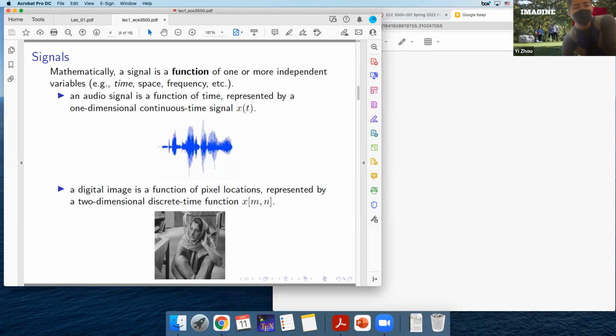For images, it's a rectangle, also very natural. We describe the image pixel by pixel, and every pixel is indexed by two numbers on the two axes. So the important thing is to identify a type of axis.